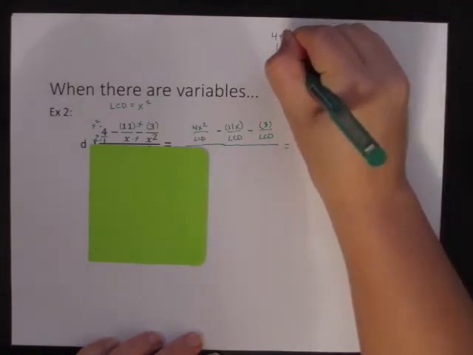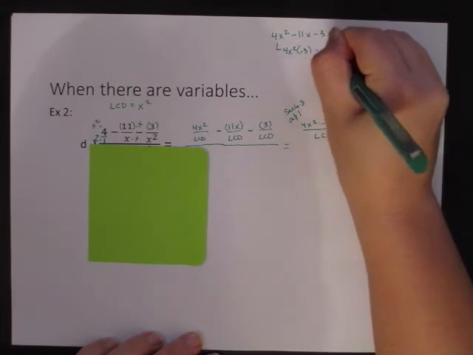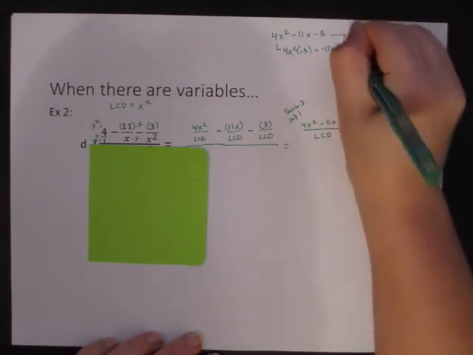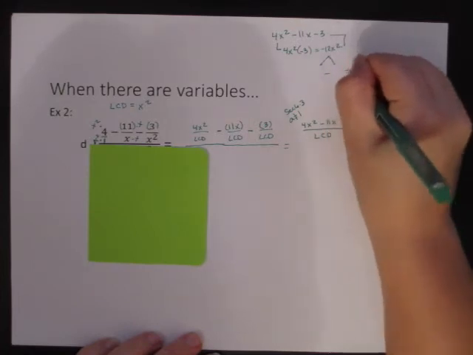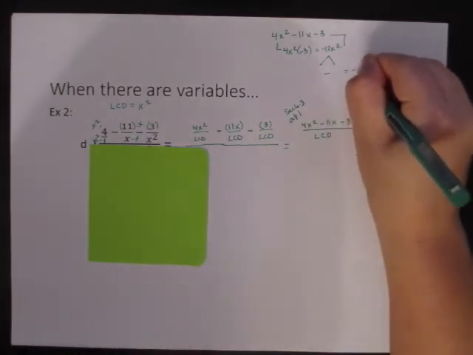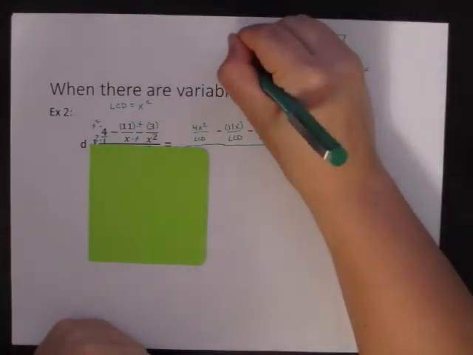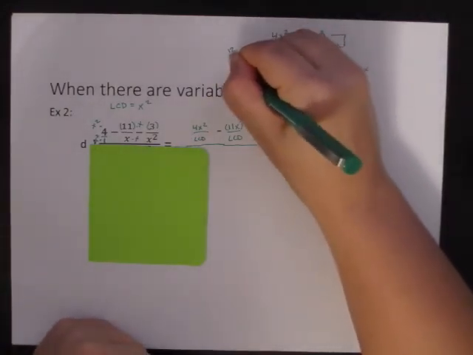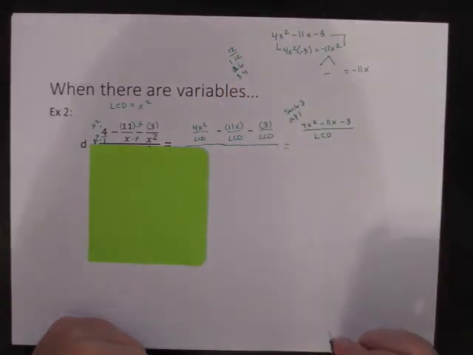I've got to do my a times my c, so 4x squared times negative 3, which would be negative 12x squared. Because I got a negative answer, I have to use subtraction in order to get to my b, which is negative 11x. Factors of 12: 1 and 12, 2 and 6, and 3 and 4.